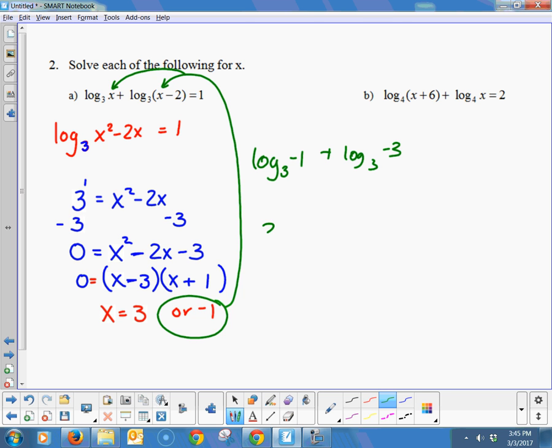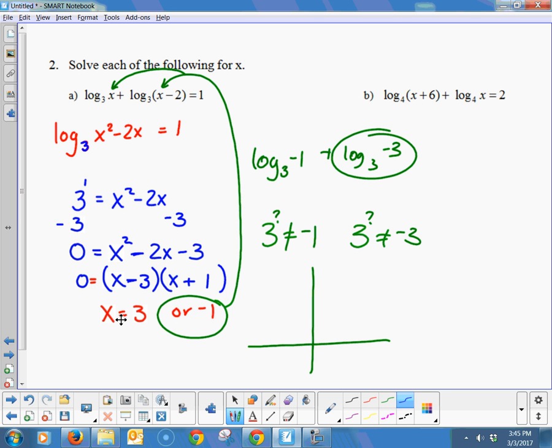And 3 to any power is never going to equal -1, and 3 to any power is never going to equal -3. Because I've graphed this in other videos, 3 to the x looks like an exponential function. It has an asymptote on the x-axis. It's never negative. Down here is negative. So this answer here, this -1, doesn't count.